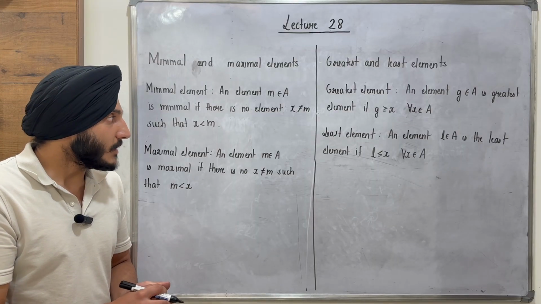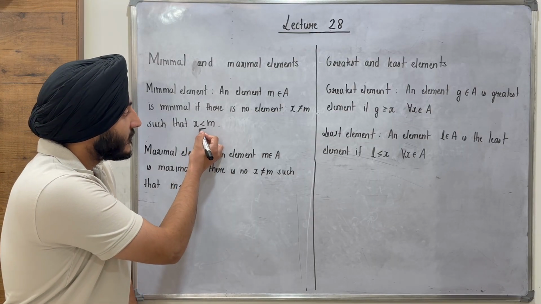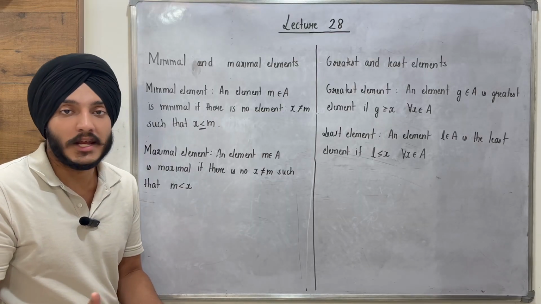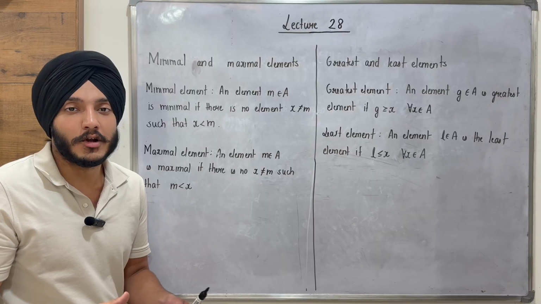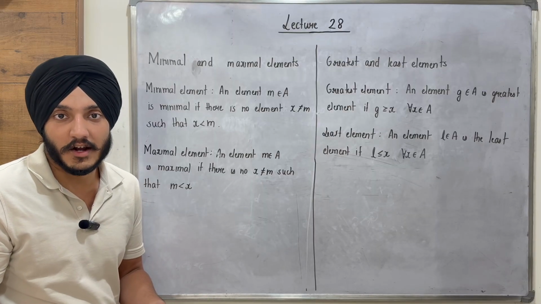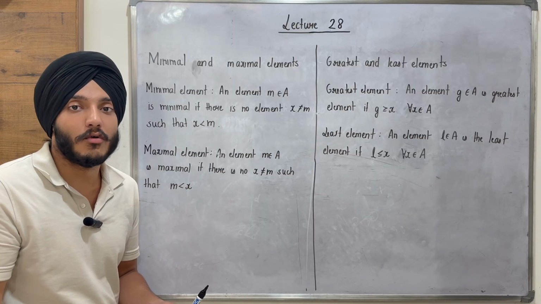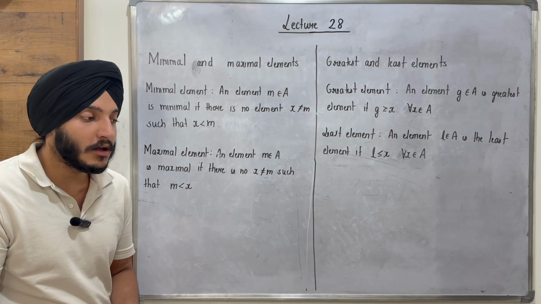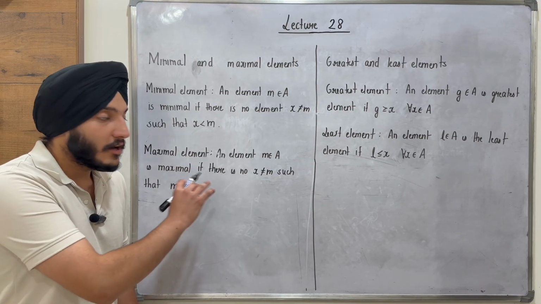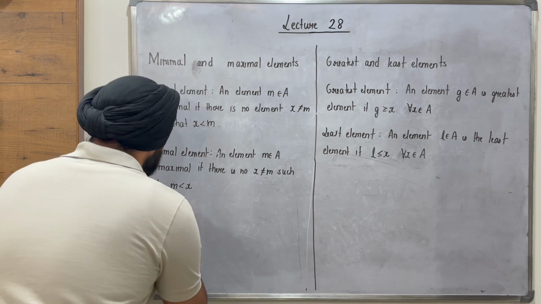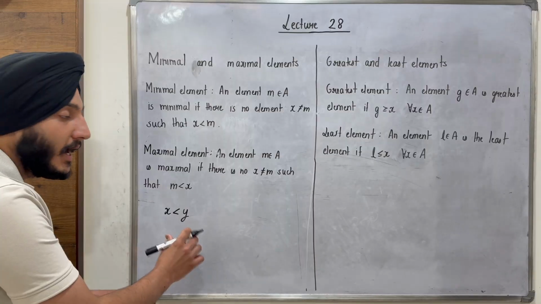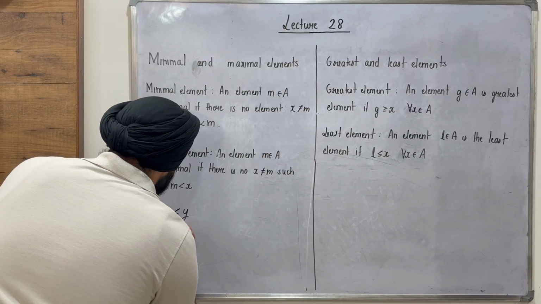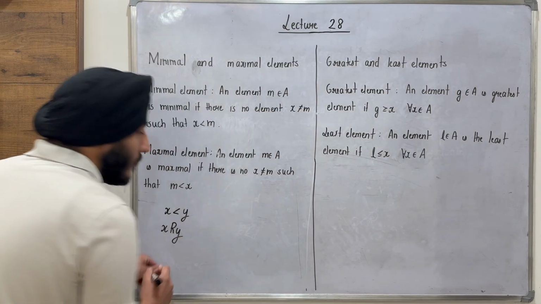In this definition, we see this less than sign, right? What does it mean really? This is not generally that we're talking about numbers in this case, right? It's not generally like 2, 3, 4, natural numbers, real numbers, etc. So in terms of relations, this less than sign, when I say x is less than some value y, in terms of relations, this means x is related to y, right?